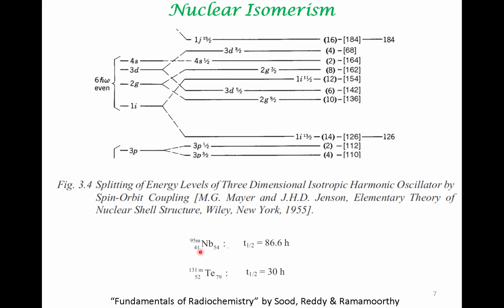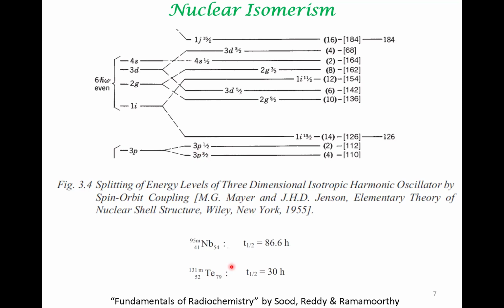Like reaction intermediates, these metastable states can be isolated because they have some finite lifetime and half-life and so on. To explain the nuclear isomers, the nuclear shell model with the coupling between L and S is very important, and these nuclear isomers can be rationalized.